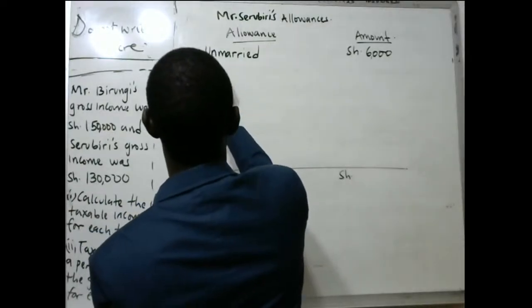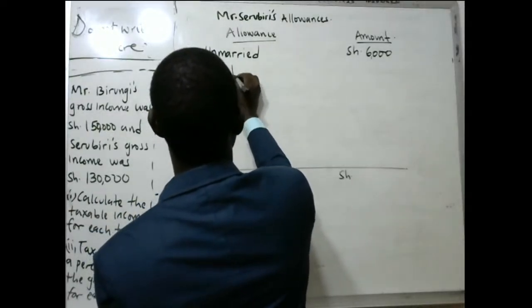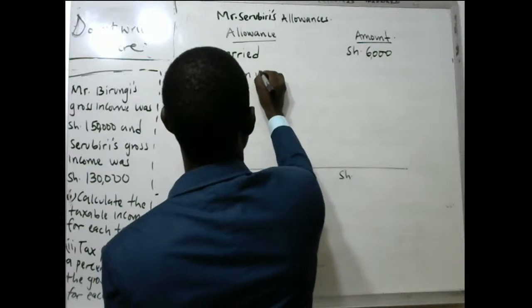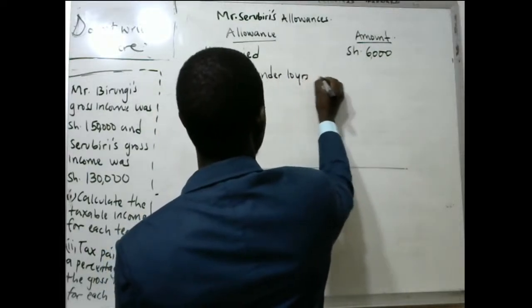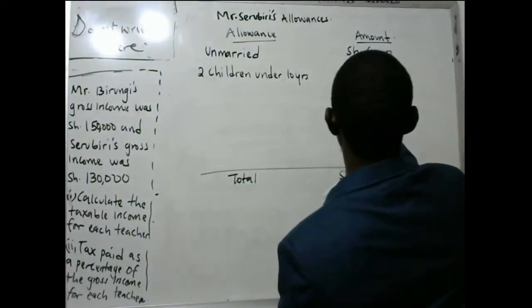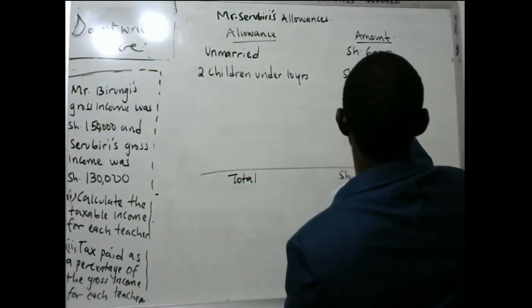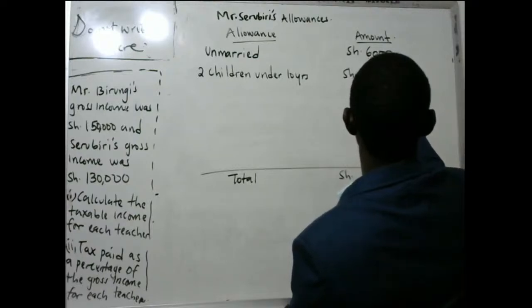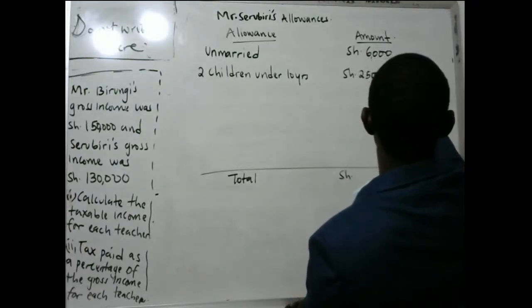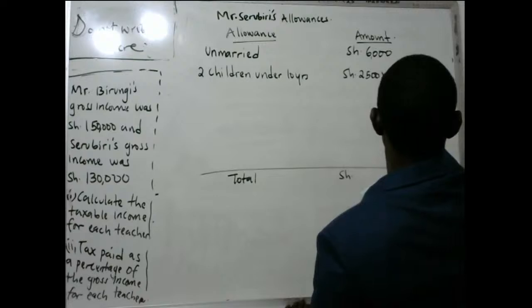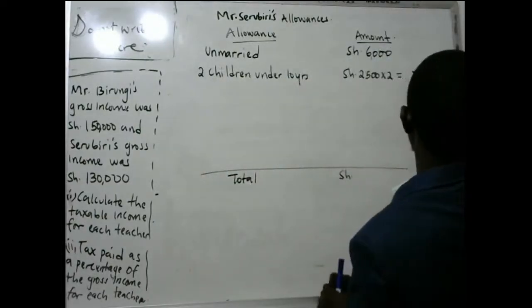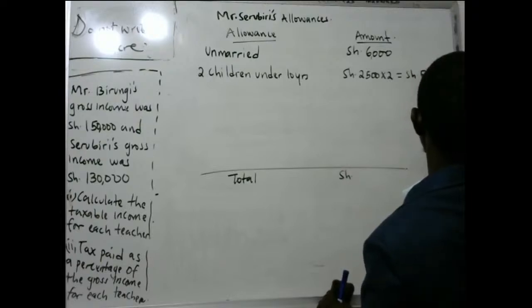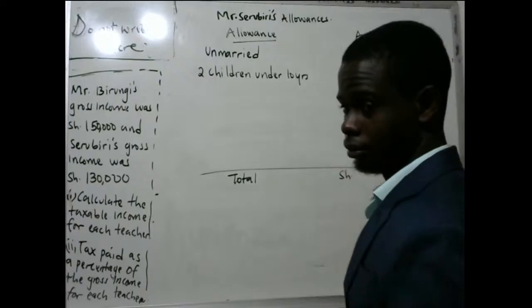So 2 children under 10 years, they will get shillings 2,500 times 2, which is equaling to shillings 5,000. Hope you can see that.